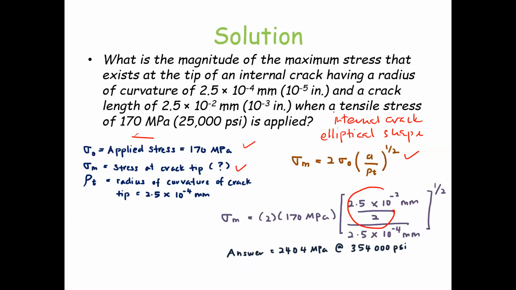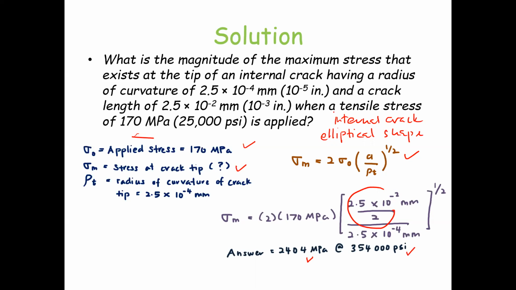If you use customary units, what you will get is 354,000 psi. So this is the answer if you use SI units, and this is the answer that you will get if you use customary units.